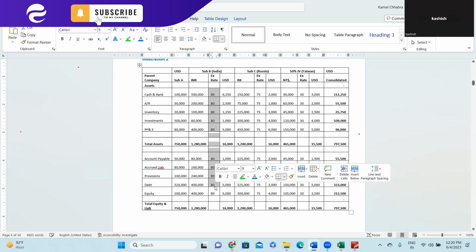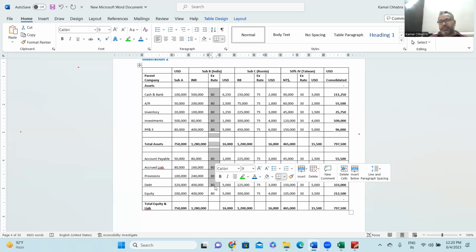And same way for the income statement, you will be taking the weighted average rate for the year. So for example, at the beginning of the year, let's say exchange rate was 75 and at the end of the year it is 80. So you'll be taking 77.5 as a rate for the conversion. Got it, sir.